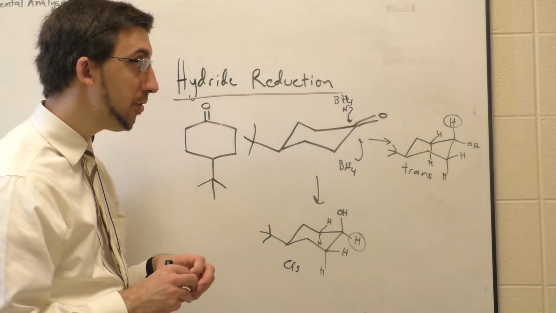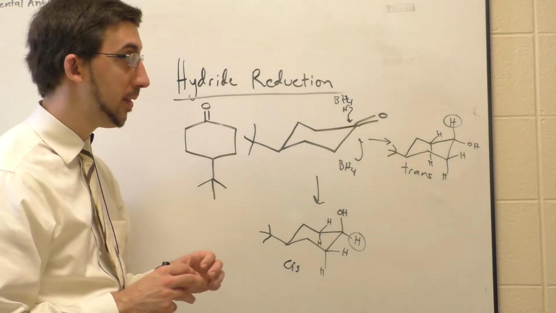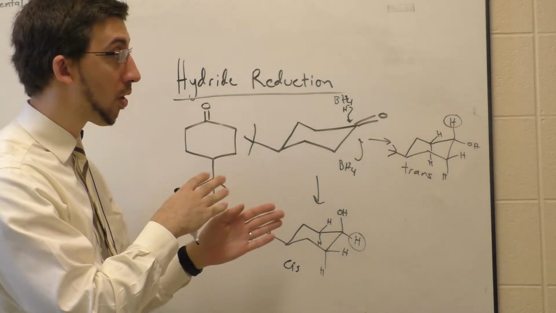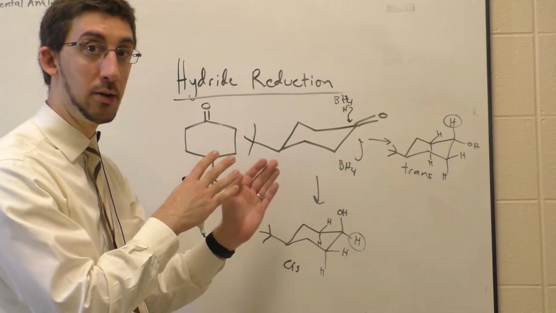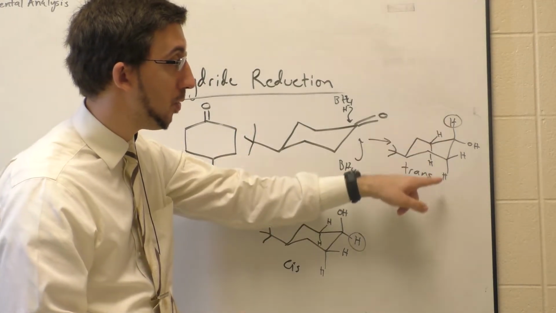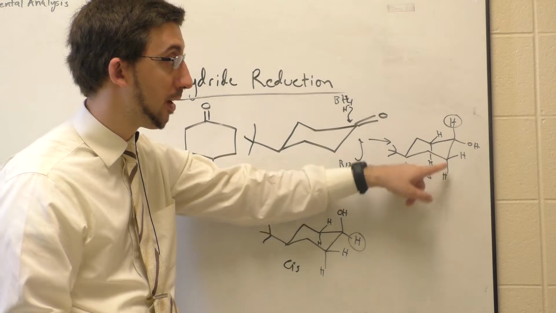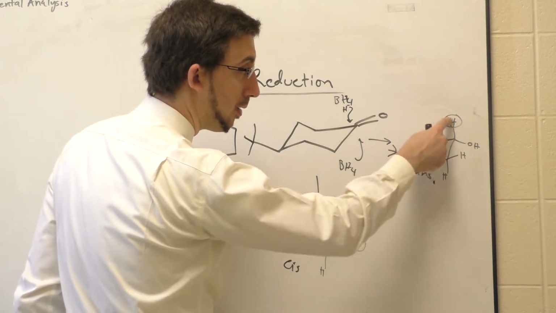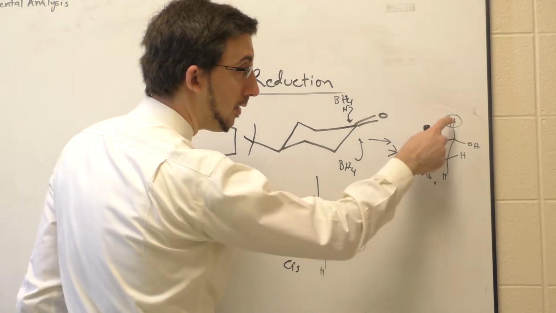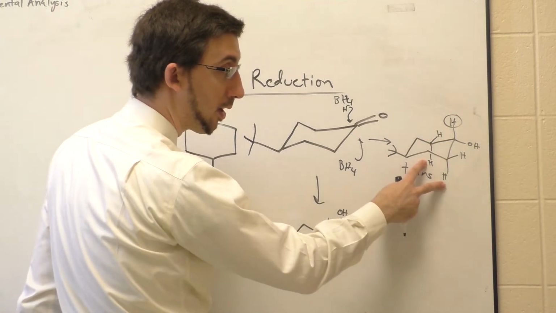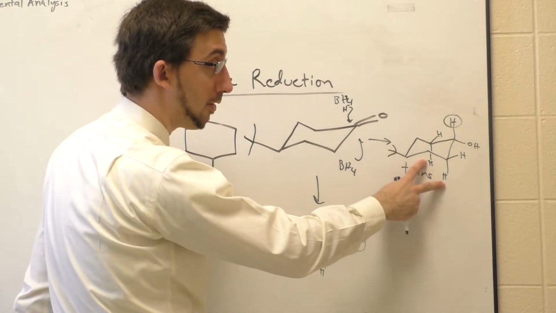And it's strongest when the dihedral angle is either 0, so that would have them eclipsed, or when the dihedral angle is 180 degrees, which is when they would be anti to each other. As you can see in the trans case, this is going to be anti with that hydrogen, 180 degrees. This one's also going to be 180 degrees from this one. And so we'll have strong coupling with these two hydrogens.